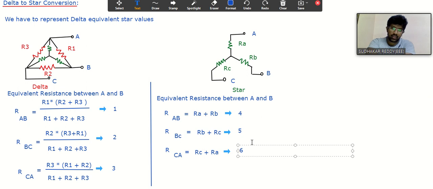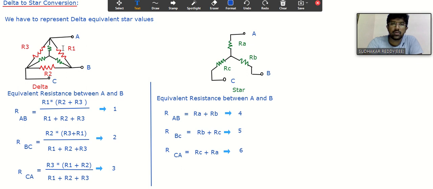Now, once you find the equivalent resistance for delta and the equivalent resistance for star, what I'm saying is we are drawing an equivalent star connection for this delta. I already told you that if we are converting delta connected resistors into star, the performance shown by the delta connection and the performance shown by the equivalent star connection must be the same.